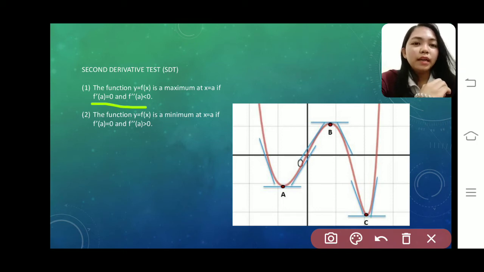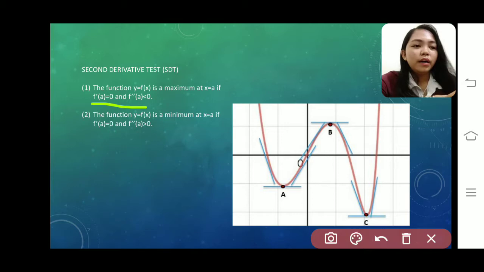So, then, kapag kumuha tayo ng second derivative niya, and then sinubstitute natin yung critical number na yon, if it will result to a negative value, therefore, you can conclude that it is a maximum value.